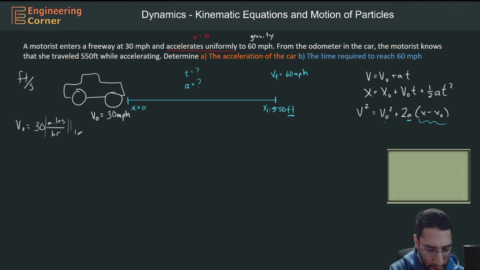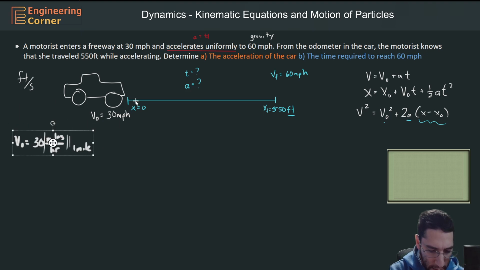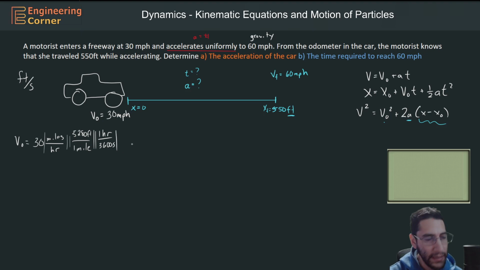So 1 mile is 5,280 feet. Let me move this down just to give myself a little bit more room here. And then 1 hour is going to be 3,600 seconds. So let's go over to the calculator.